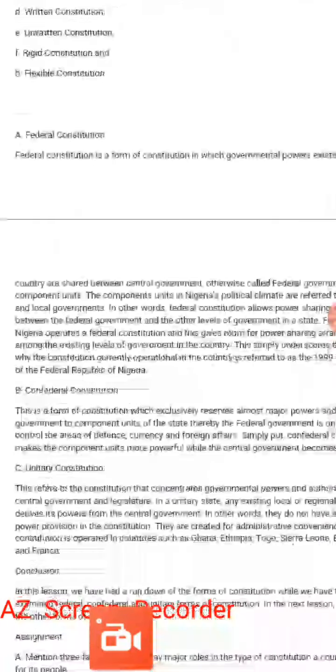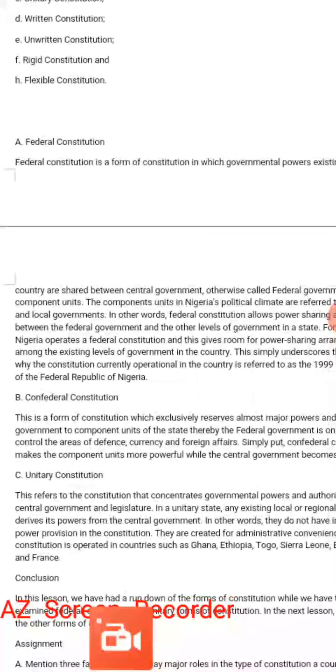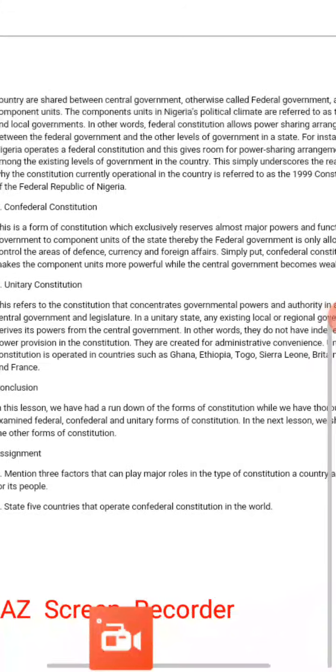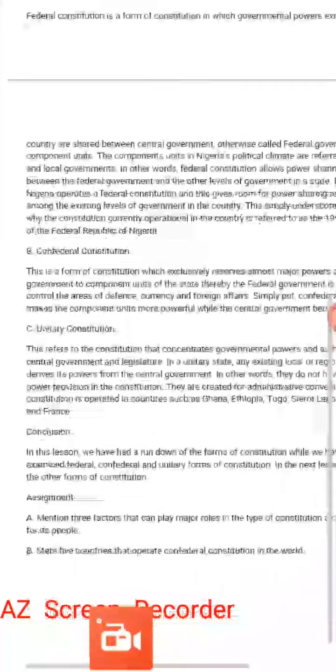In this lesson, we have thoroughly examined the following forms of constitution: Federal Constitution, Confederal Constitution, and Unitary Constitution. In the next lesson, we shall look at the other forms of constitution, the remaining ones, which are written constitution, unwritten constitution, rigid constitution, and flexible constitution.